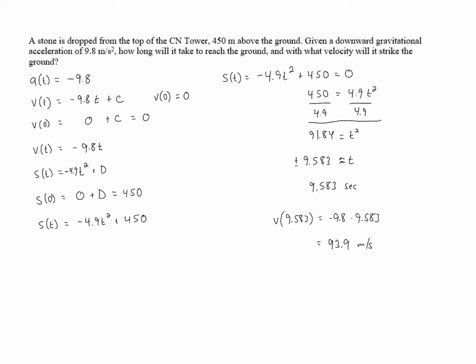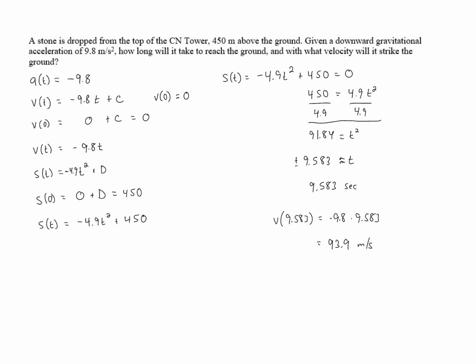We can anti-differentiate to get from acceleration to velocity. We had a constant, but we were able to figure out what that constant was because we knew the initial velocity, since we weren't throwing it upward or downward. We were just letting go of it. If we had been told that we threw it upward at a certain velocity, that would have been our initial velocity, and that would have changed the rest of the problem.